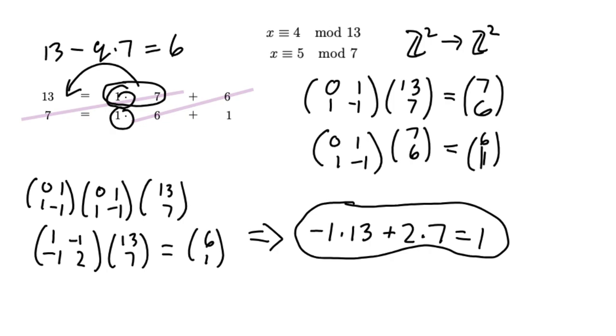This will work since we can perform both shifts. First this one, in column interpretation, is the first function, then the next function is this one coming over here. Matrix multiply those together, and we get a shift that takes us from 13, 7 to 6, 1. But we're only interested in how we get this 1 from 13 and 7. In other words, it's the bottom row dotted with this column. So negative 1 times 13 plus 2 times 7 is equal to 1.